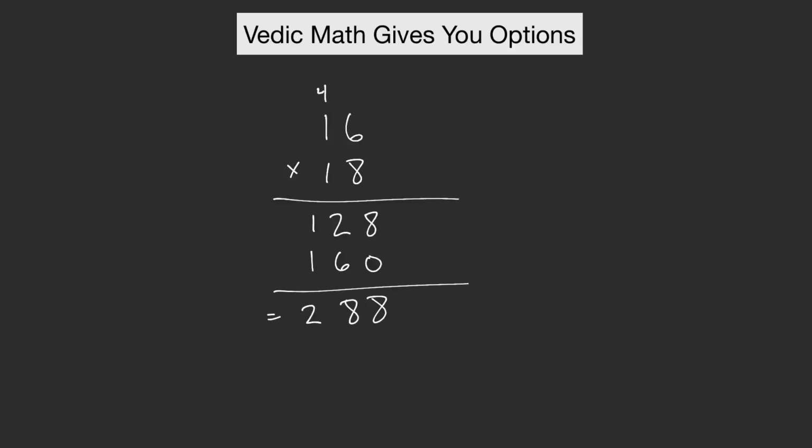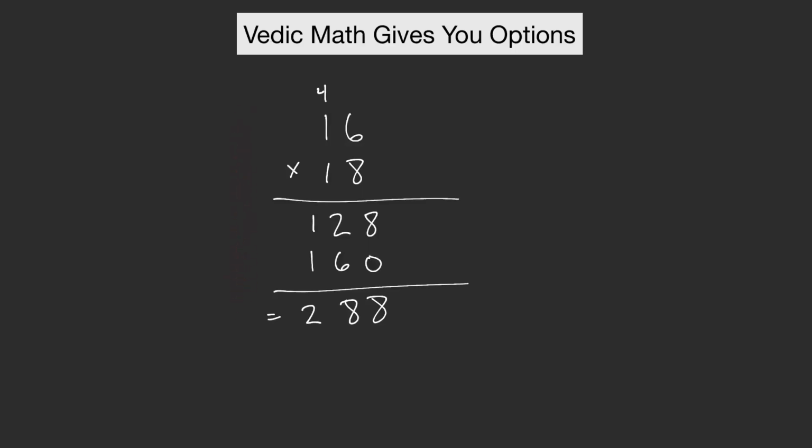Now this method works fine. There's nothing wrong with it. However, if you're only taught one method to solve a problem and you get the answer wrong, let's say for some reason you get the answer wrong and you want to go back and redo it, most likely you're going to repeat that mistake because you're using the same process.